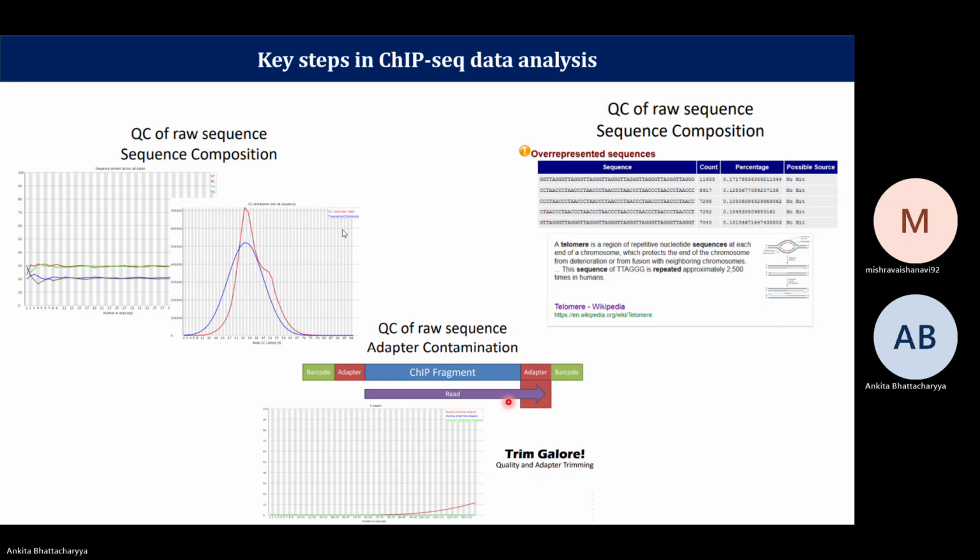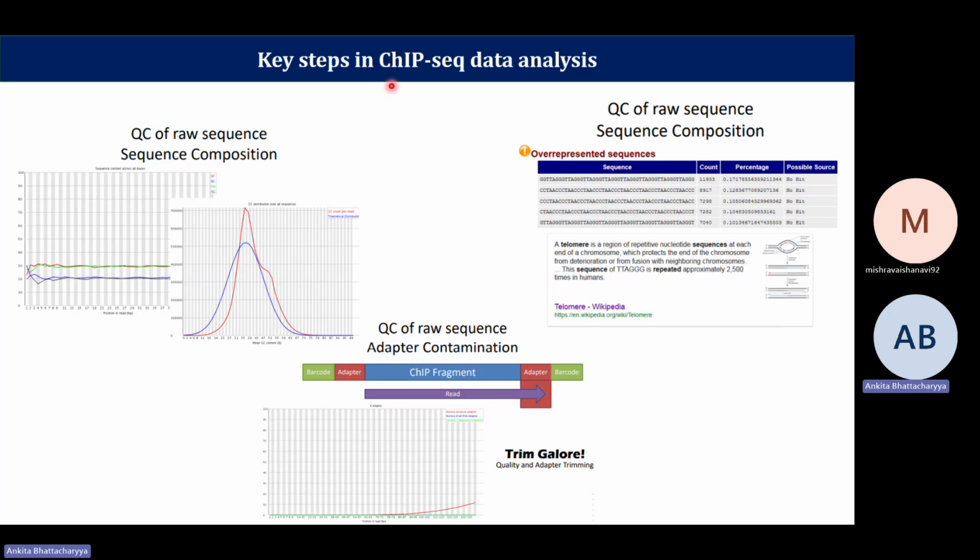Each of these tools has certain differences, but the overall idea remains the same, whereby you want to trim and get rid of adapters and any other labels or markers, specifically removing the adapter contamination to make sure that your read sequence is correct.